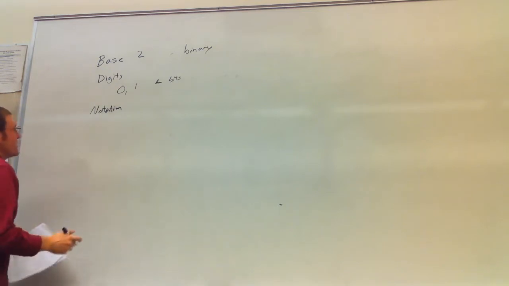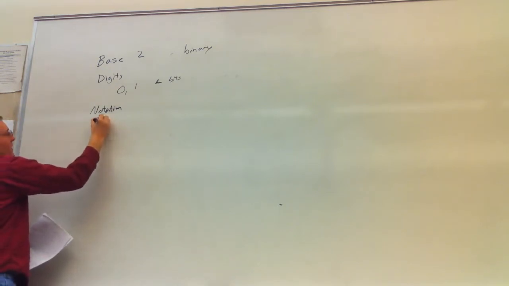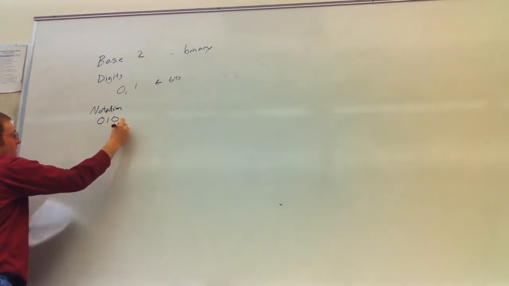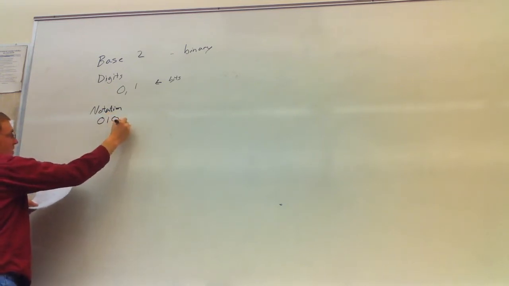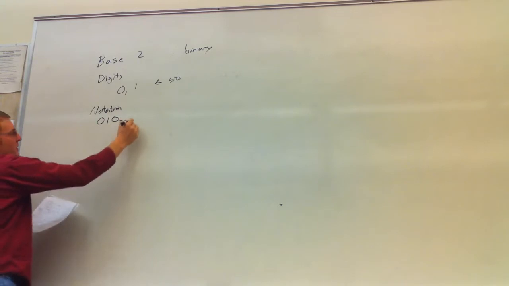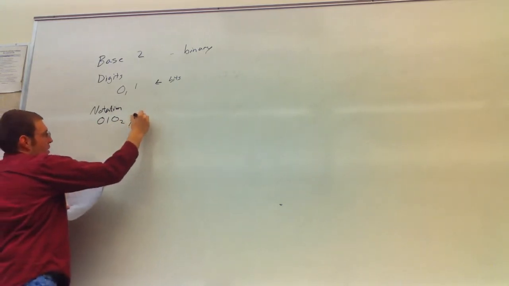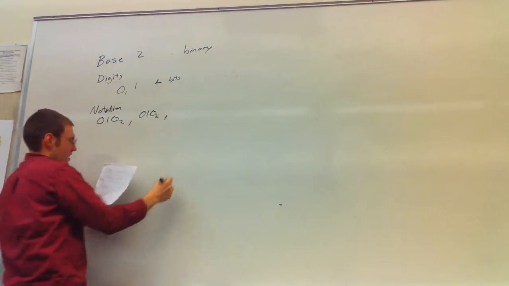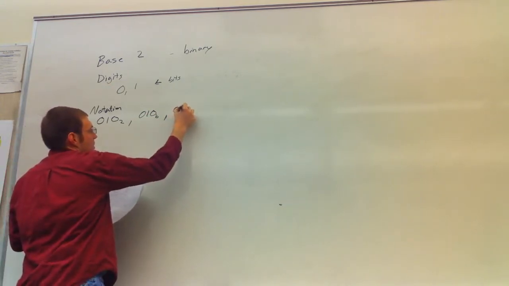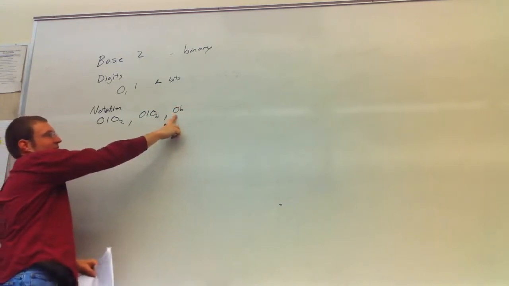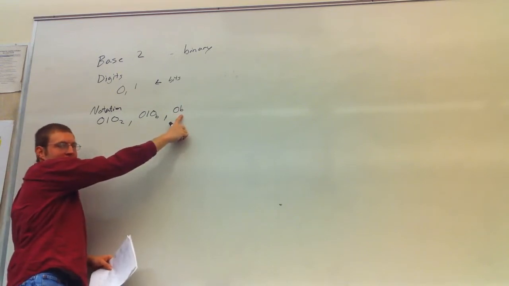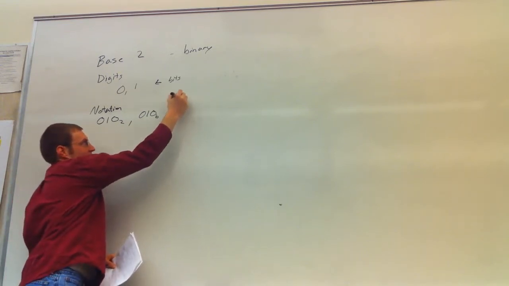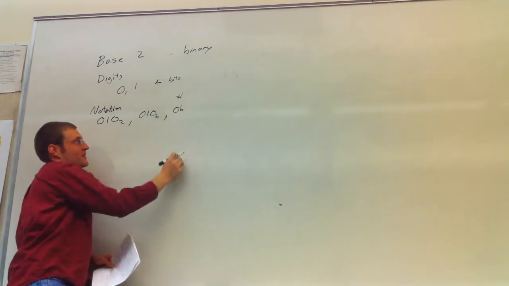The notation we use for binary: put the subscript 2 underneath there, or subscript B, or we do 0b. This is the same kind of notation as when I did the pound sign on the decimal system.